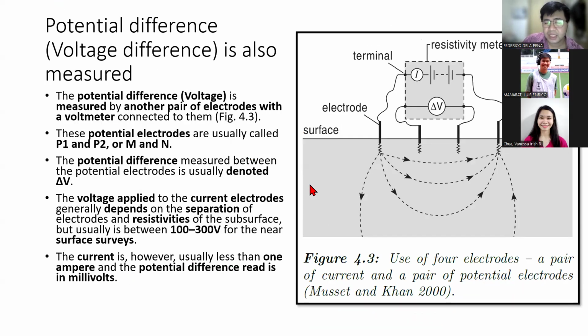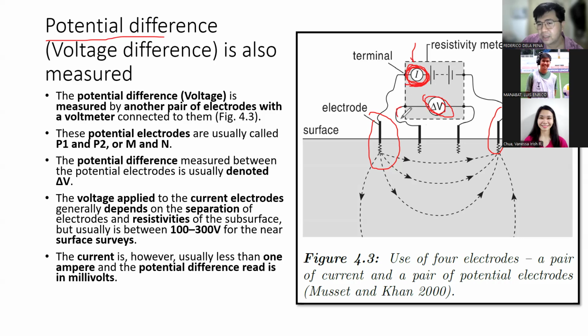In resistivity surveys, we are generally measuring the current. We are injecting current using a battery as our power source, and we do know how much current we are trying to inject into the ground. So we know that I, or current, is actually a known quantity. We are also measuring the potential difference associated with that flow of current.